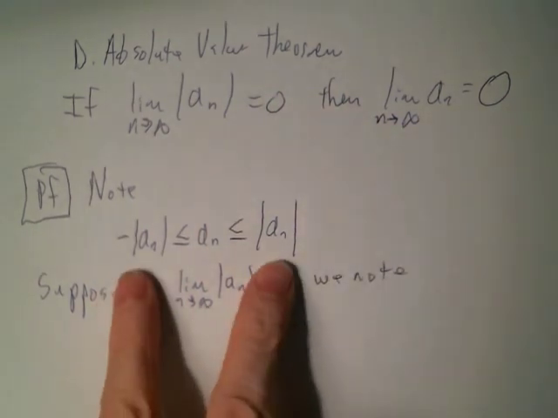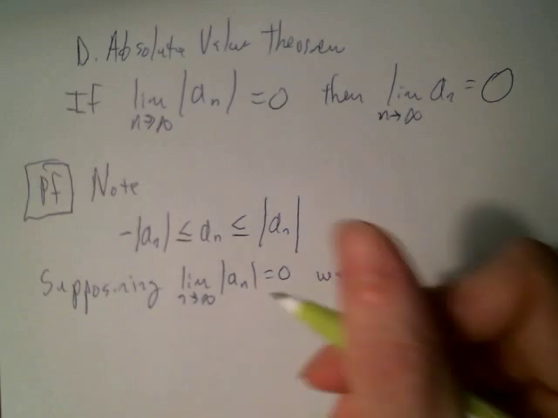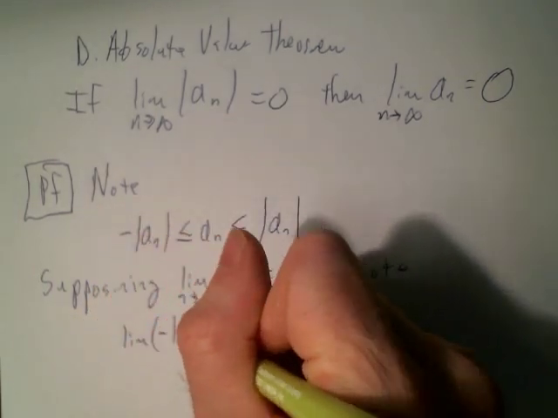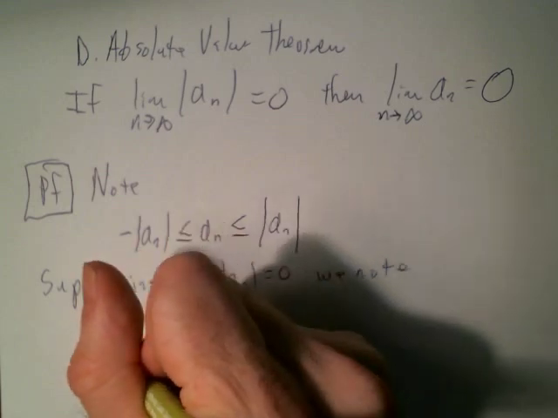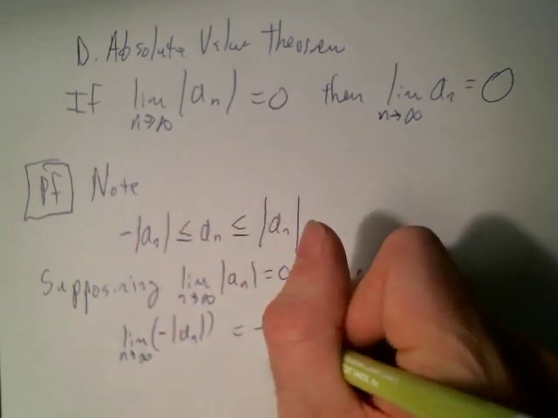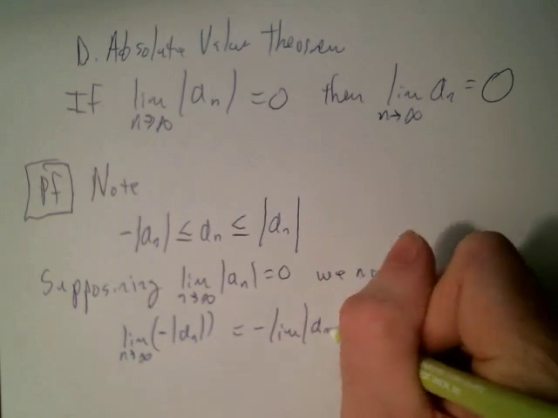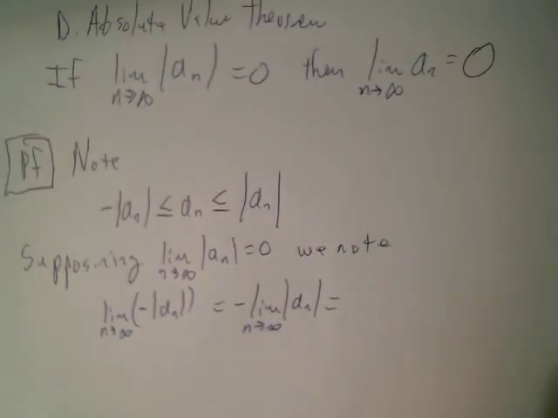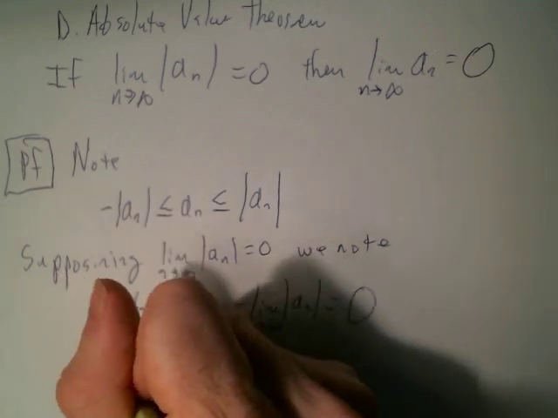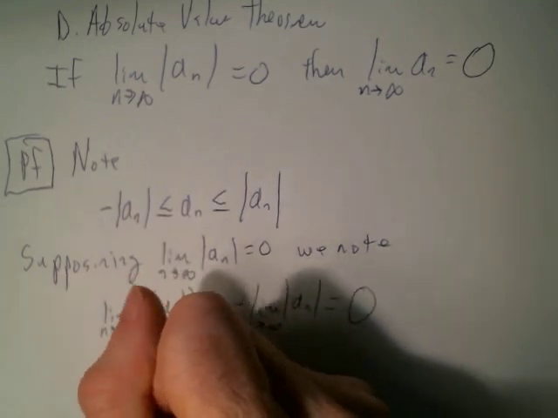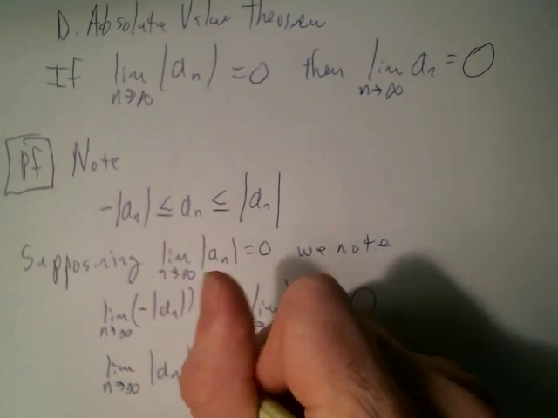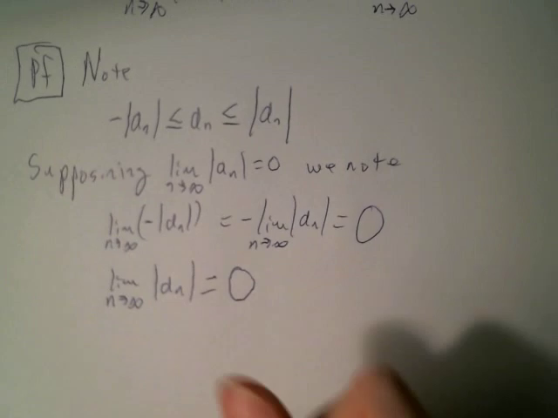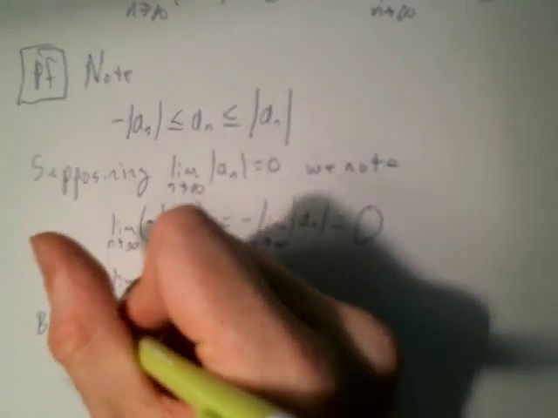Supposing that's true, we can evaluate the limits of these two sides. So we note the limit of negative absolute value of a sub n as n goes to infinity will be just negative the limit of the absolute value of a sub n as n goes to infinity. Of course, it would be -1 times 0, which is 0. And then on the other side, of course, the limit of the absolute value of a sub n is 0. So by the squeeze theorem, the limit of the middle guy is also 0.